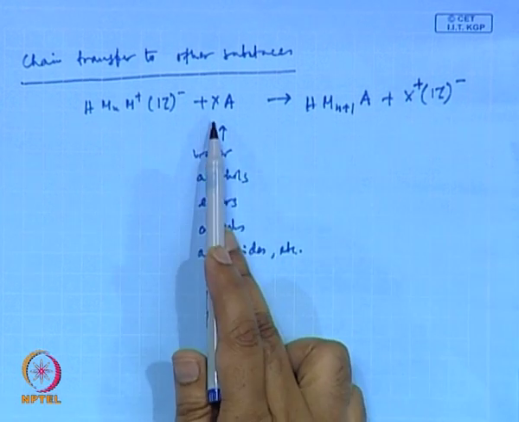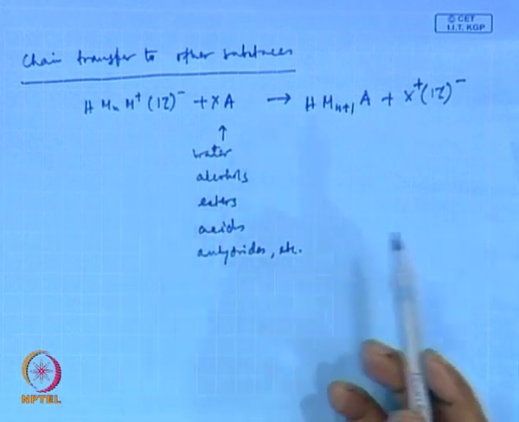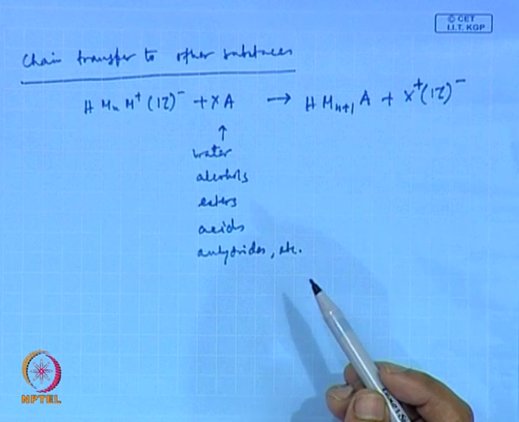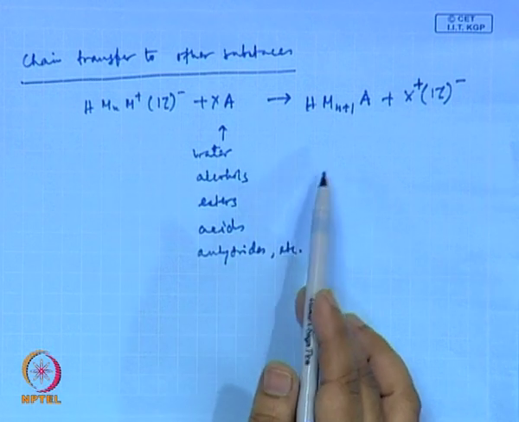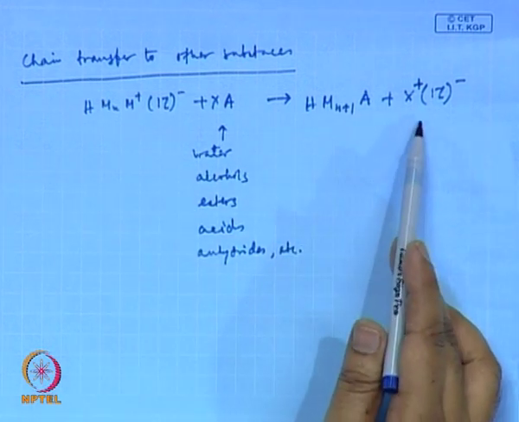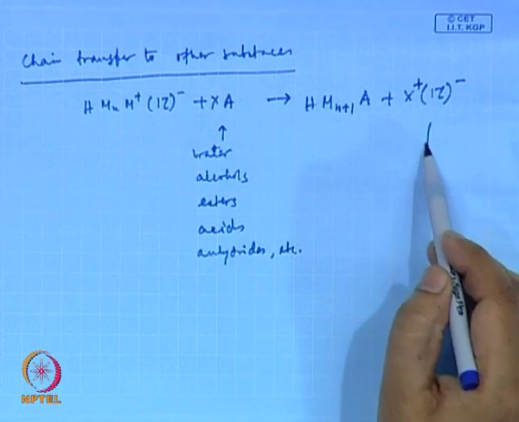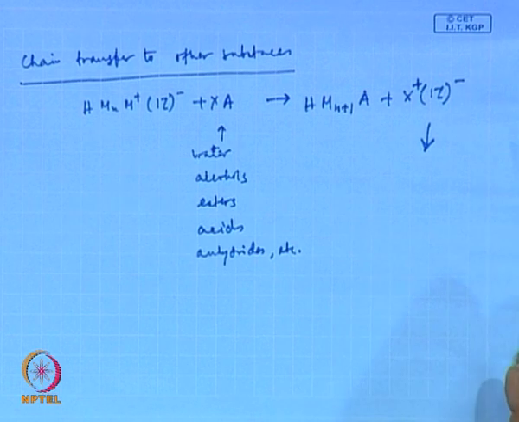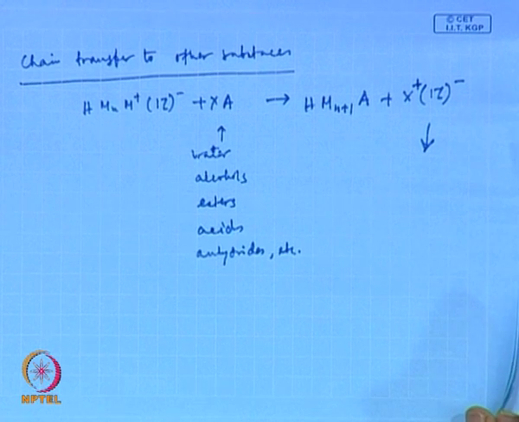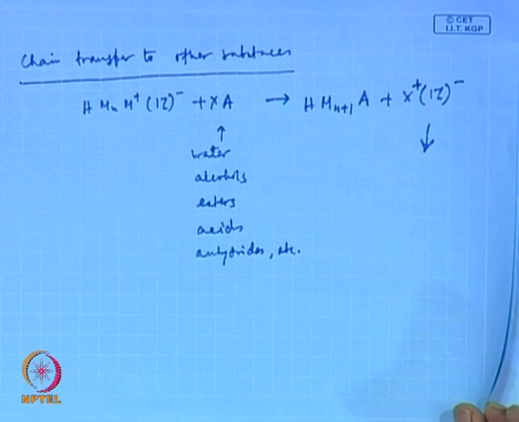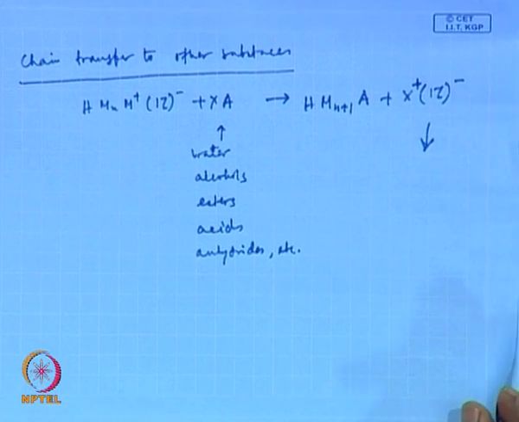For example, this is the generic structure of the chain transfer agent, which could be water, alcohols, ester, acids or anhydride, etc., and it can participate in the chain transfer reaction and give away a new catalyst co-catalyst complex, which again can reinitiate a cationic chain polymerization. So, again this reduces the molecular weight of the cationic chain polymerization.